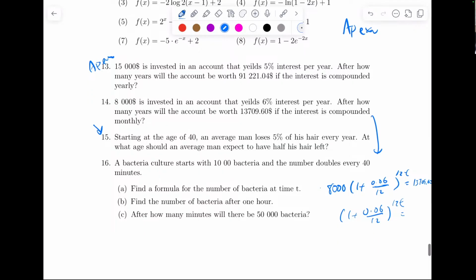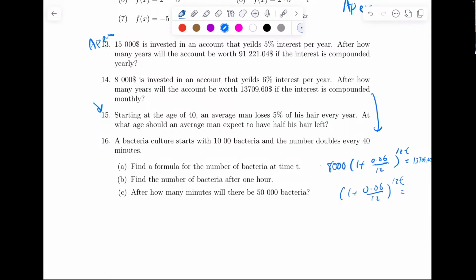So that's equal to 1.7137. Now we're going to finish that part, so it'll be 1 plus 0.06 divided by 12. So that's equal to 1.005 to the 12t equal to 1.7137.